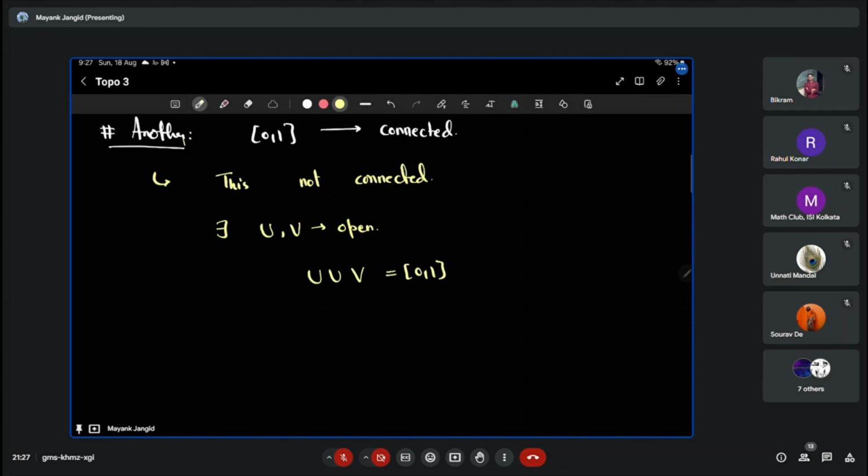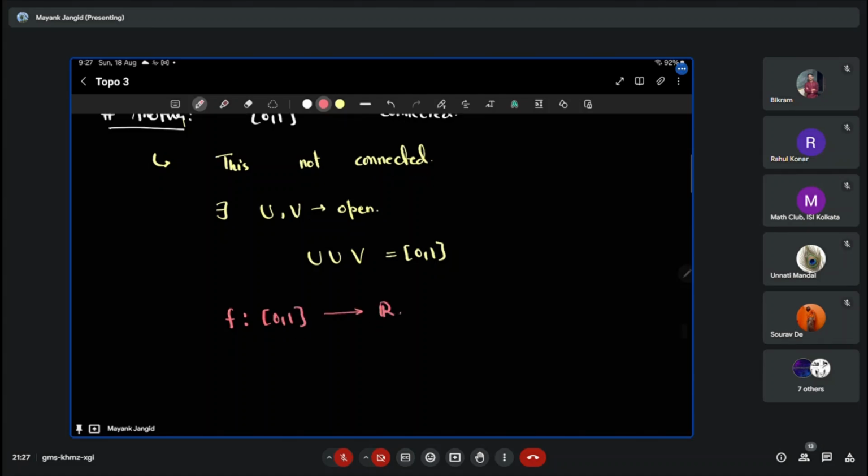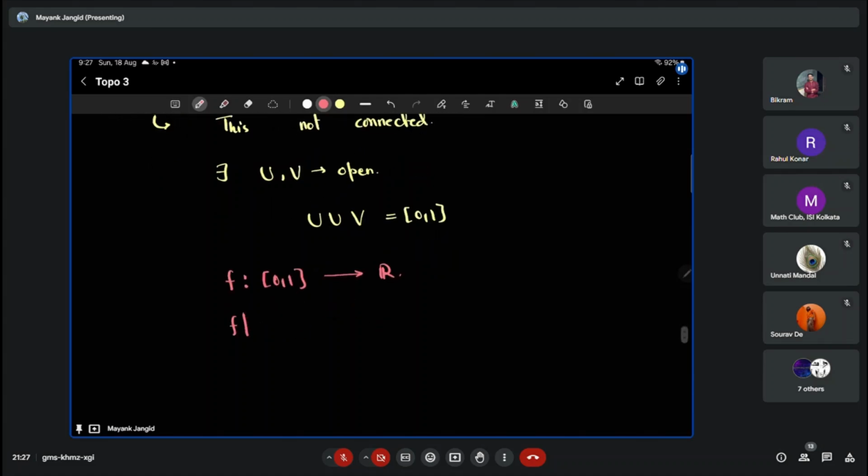Now what I will do is define a map F from [0, 1] to R, so that F restricted to U is 0, and F restricted to V is 1. So on U it is 0 and on V it is 1.